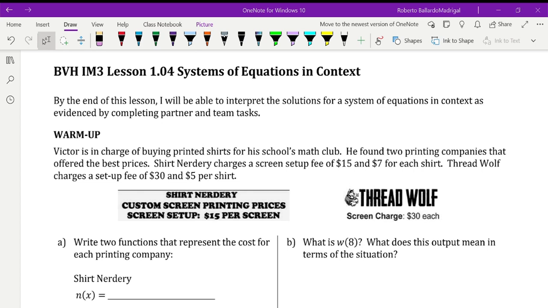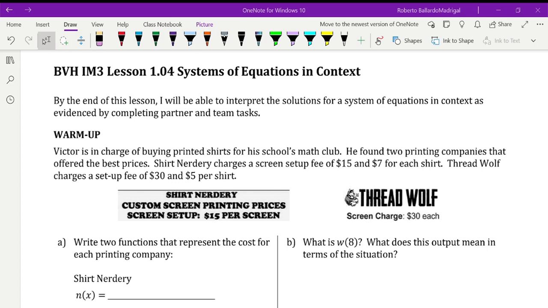Okay? What I'm going to have you guys do is, in the next 10 minutes, I want your group to solve questions A through D. So in part A, you're going to be asked to find the 2 functions that represent the cost of each company. The initial cost, the upfront cost, plus the cost per shirt.